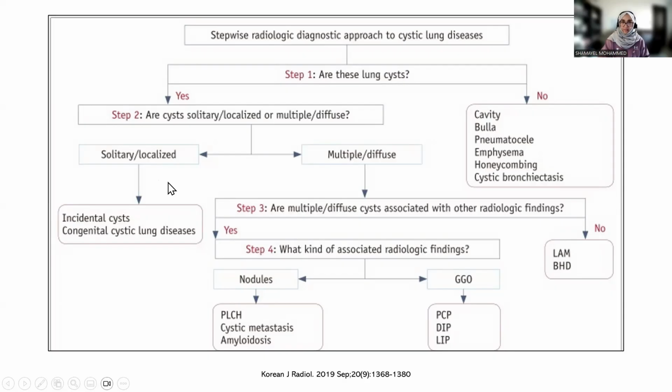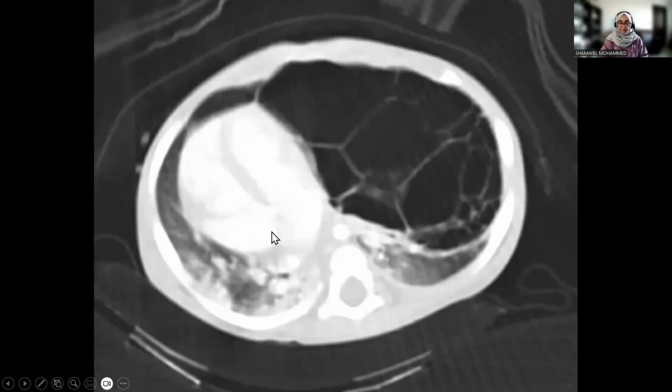In our patient, most likely it falls under solitary and localized. The most likely differential here would be a congenital cystic lung disease, and the radiologist raised the possibility of congenital pulmonary airway malformation. The decision was to resect the specimen.